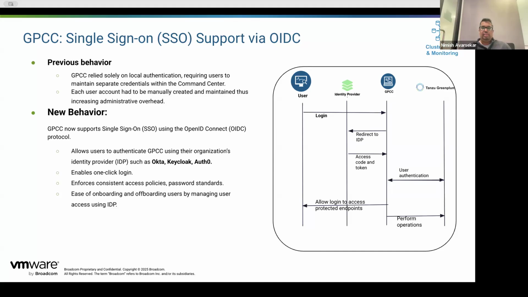Now, internally, there is a need to map your credentials to a particular GPCC role, like the operator or an admin role or a general user, right? This way, depending on the permissions that you have, you will be able to simply log in to GPCC using your Okta or your IDP credentials.